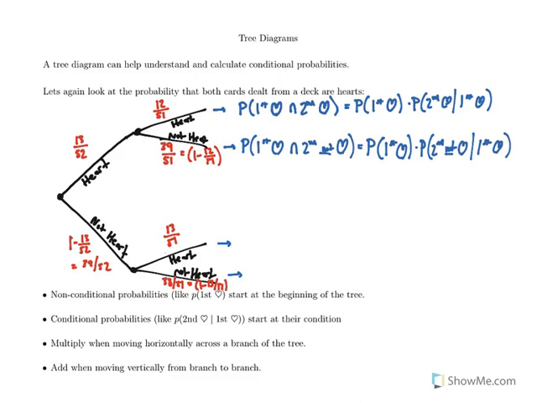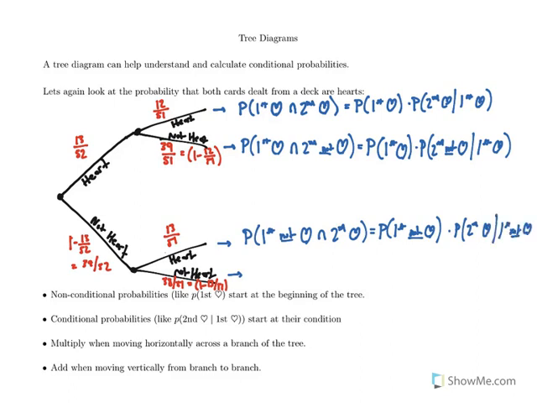And the other two are going to be the probability that the first is not a heart intersect the second is a heart, which is the probability that the first is not a heart, times the probability that the second is a heart, given that the first is not a heart.